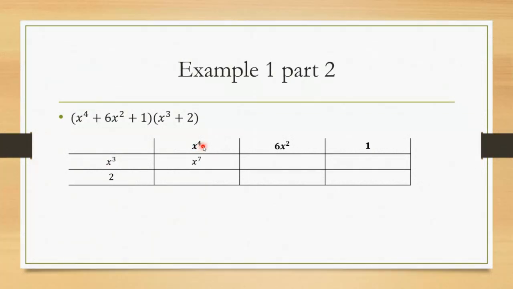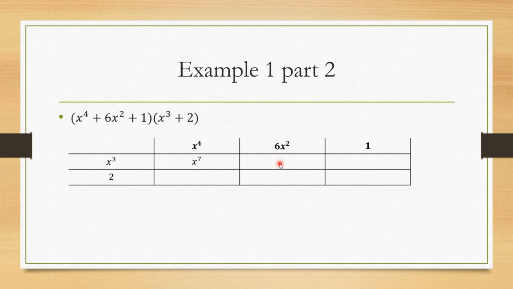So for instance, the first entry, you're going to multiply x cubed times x to the fourth. When you do that, you add the exponents. That's how we get this. Normally, you would multiply the coefficients together, although here they're both equal to 1, so not much is done there.